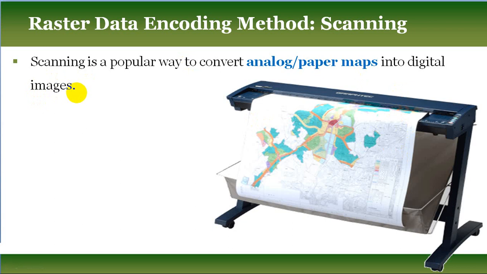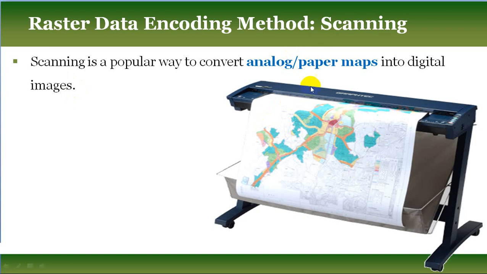Such scanning equipment is generally present in GIS organizations. They use this scanning device, the A0 scanner. Suppose this is an example of a thematic map that is possible to convert into raster data.